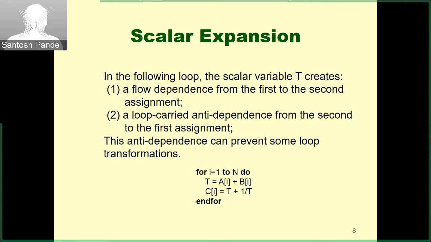The anti-dependence is the problematic one. The flow dependence is just fine in terms of loop iteration-based parallelization. But the anti-dependence is a problem because they both act on the scalar: one writes to T and the second reads from T. And you can easily see there's no reason to do it. We should privatize it, or we should just expand T to T of i.